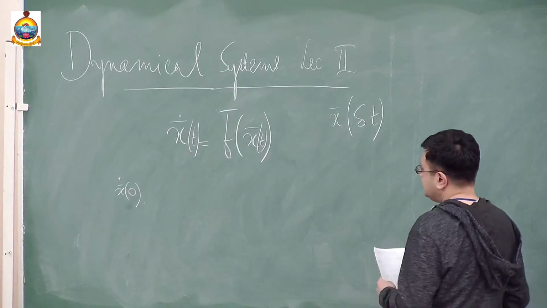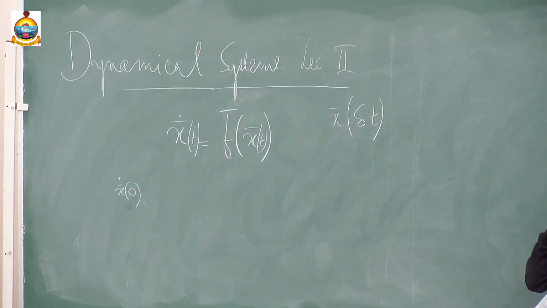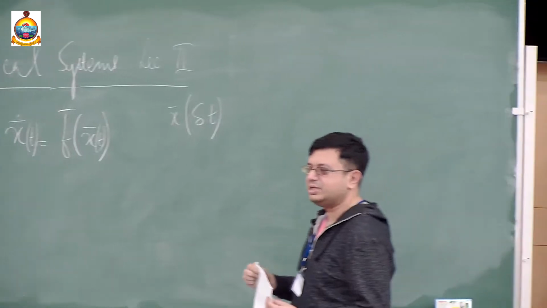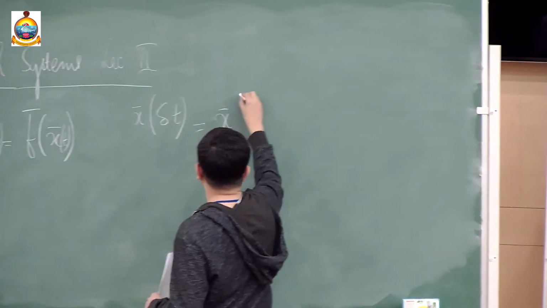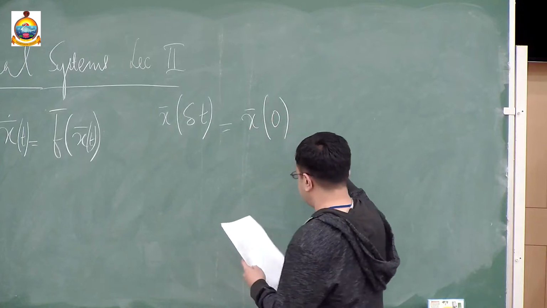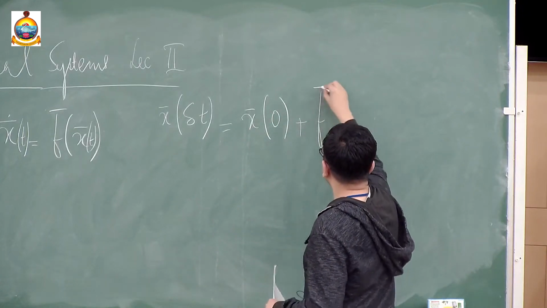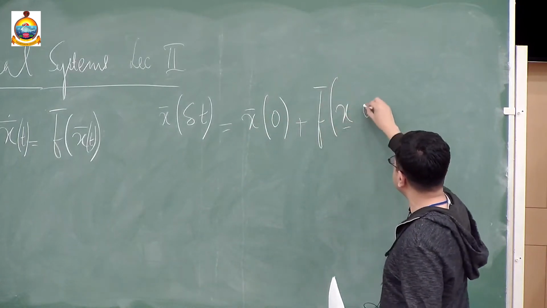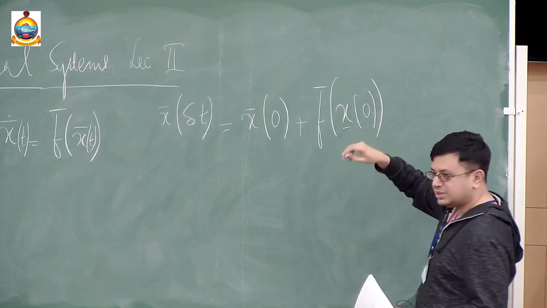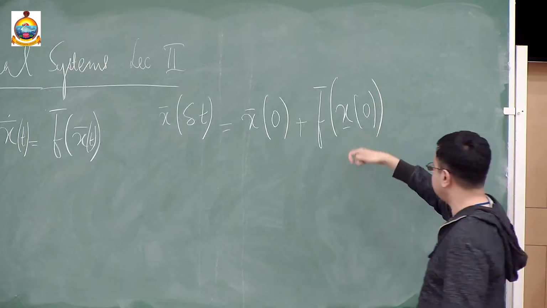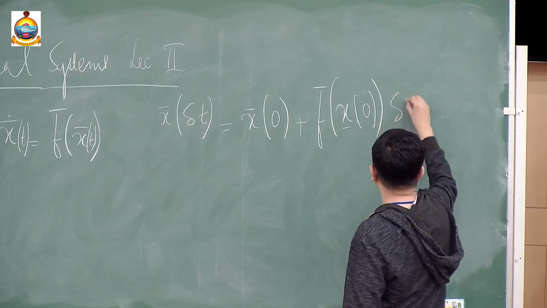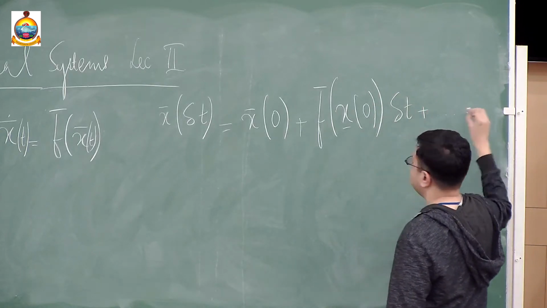If I choose delta t small enough, I can always do a Taylor expansion. So, I will say that x of delta t is just x of 0 plus f of x of 0, the tangent at x0 at time 0, times delta t, plus higher order terms.